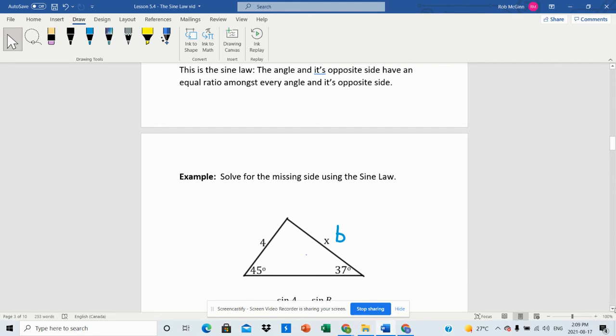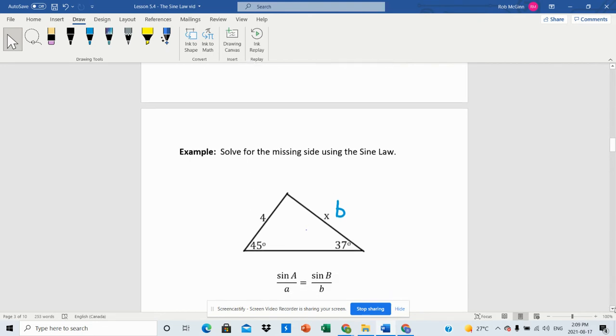Now, in order to solve for this, we just use our ratios. So sine A over side length A is going to be equal to sine B divided by the side length of B. We know angle A, we know angle B, and we know side length A, so we can fill in this formula.